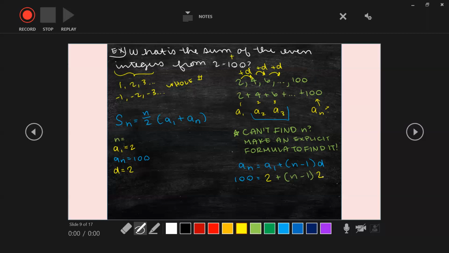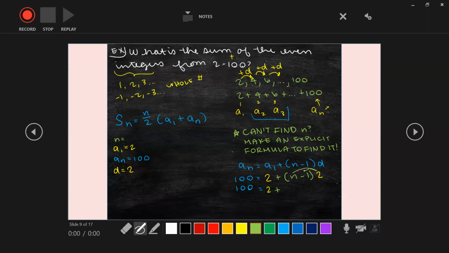So let's see if we can solve this. I've got 100 is equal to, help me out, Josh, what do I need to write? 2 plus parentheses n minus 1, parentheses times 2. What do we do with that?